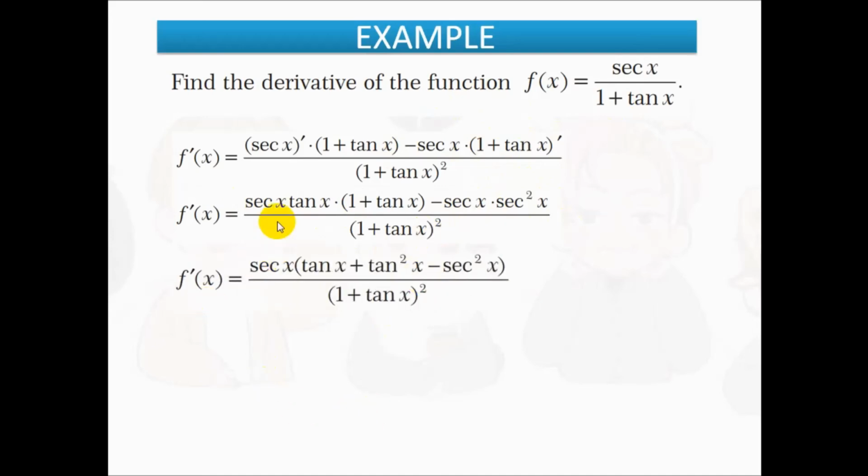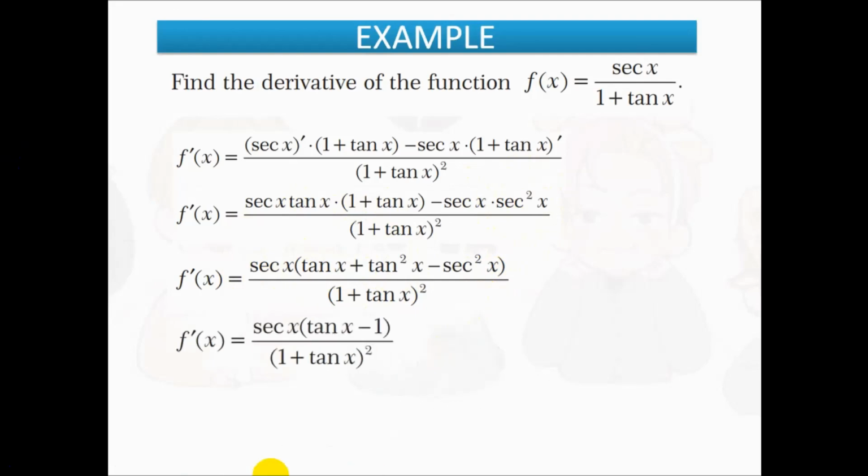And then we can simplify that. Secant x here and secant x here, we can take in front of the function, and tangent x times 1 and tangent x times tangent x is tangent squared x, minus secant squared x here.